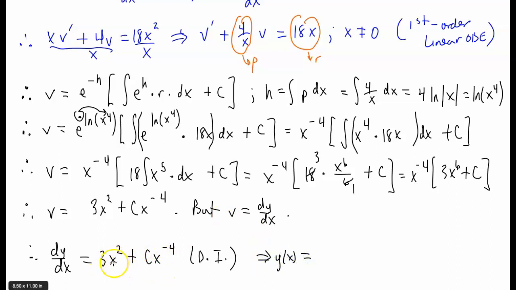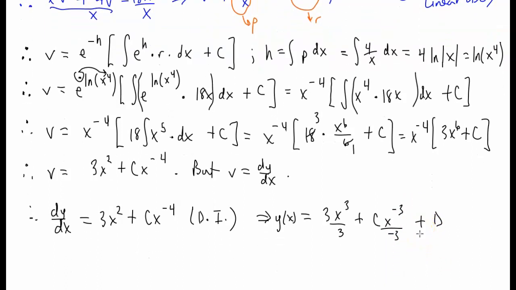So here the antiderivative of 3x squared is going to be 3 times x cubed divided by 3, using the power rule. And we have c here. The antiderivative of x raised to the -4 will be x raised to the -3 divided by -3. Then we add another integration constant, and we'll call that d.